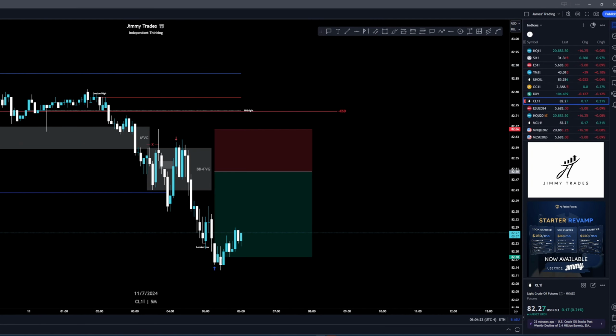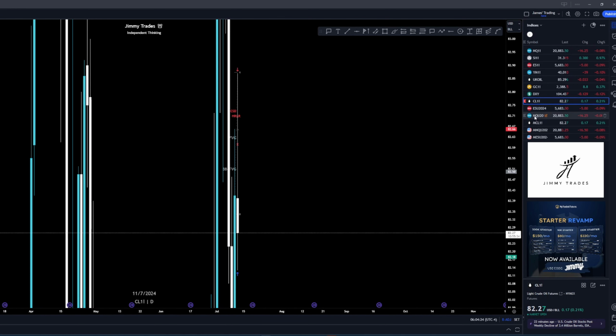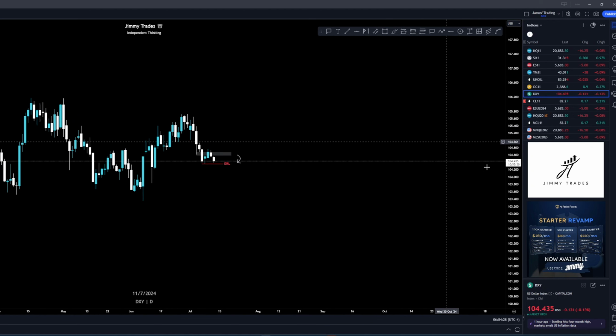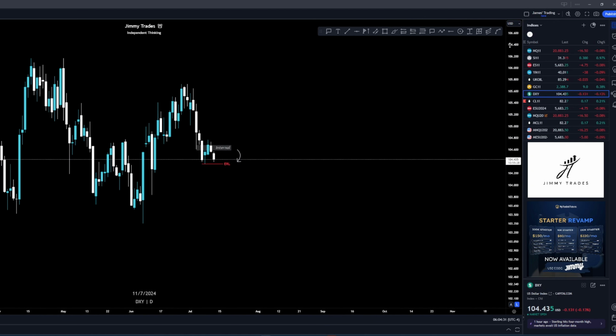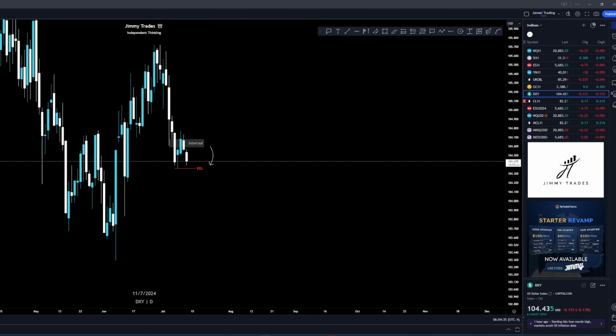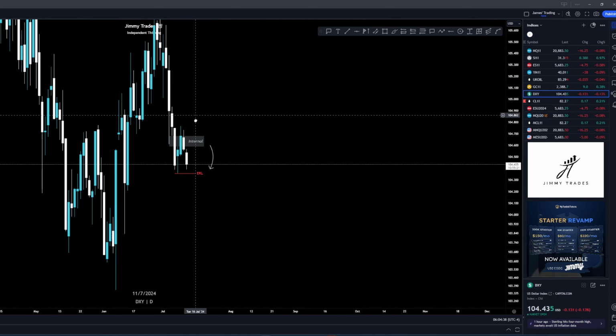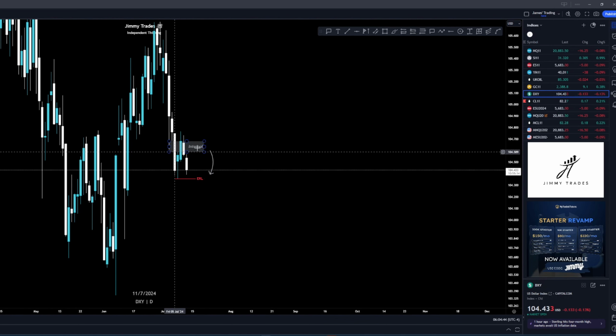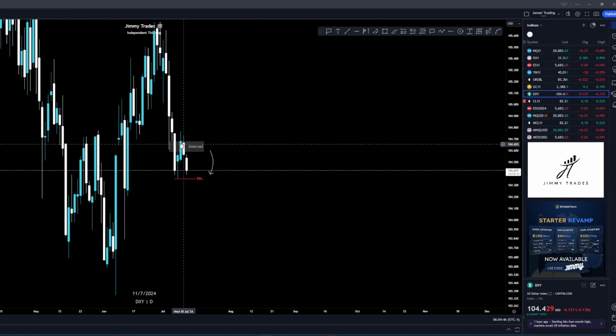We'll jump up to the daily and we'll start with DXY. So I already had a bit of a look at DXY. Yesterday I was anticipating price to continue higher, but Tuesday's candle didn't actually close above the internal level here. It closed right at the top of this SIBI.